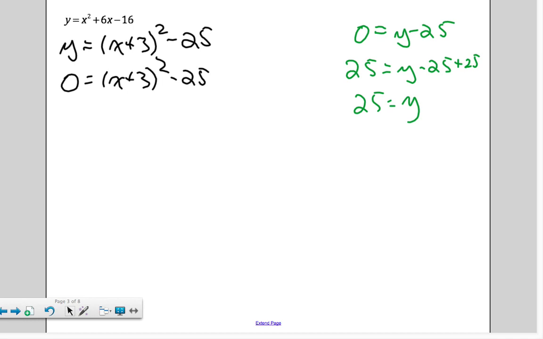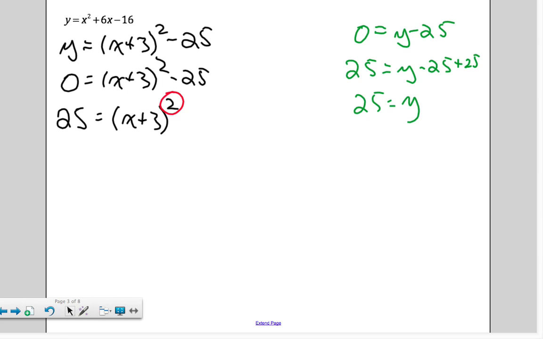So here what we want to do is isolate for the square, the thing that's being squared. So here we're going to add 25 to each side. So we're left with x plus 3 quantity squared. Okay, so we isolated for our square. Now that we have a square on one side and something else on the other, how can I undo the square?